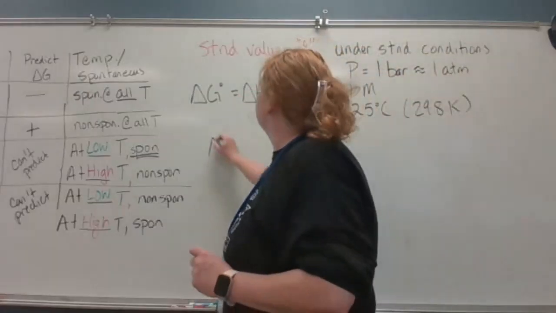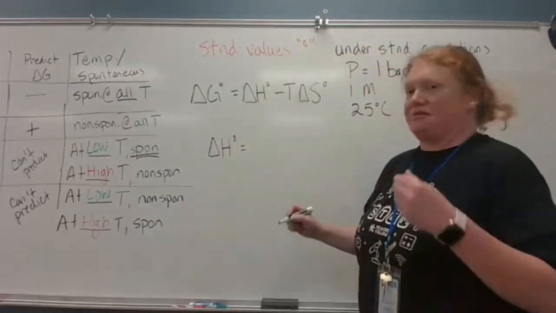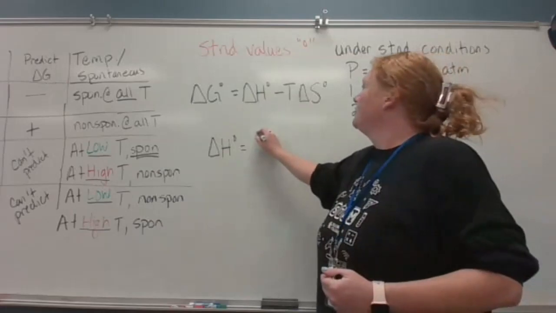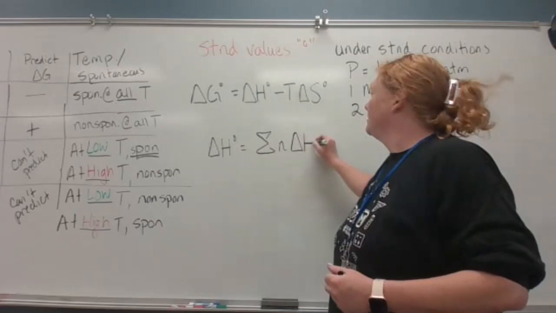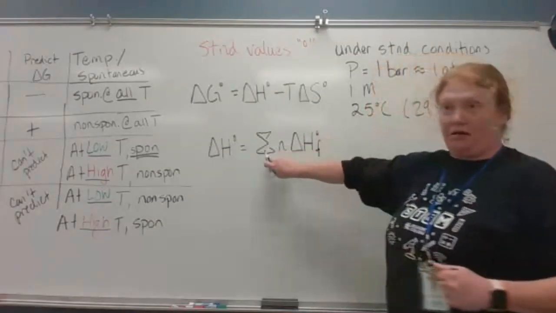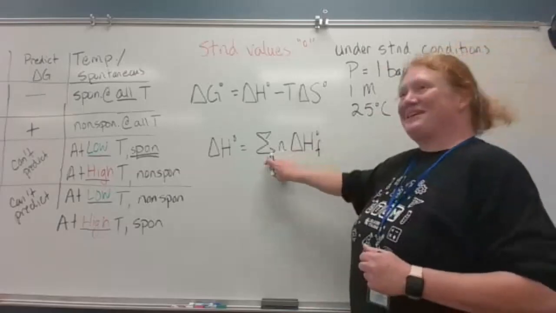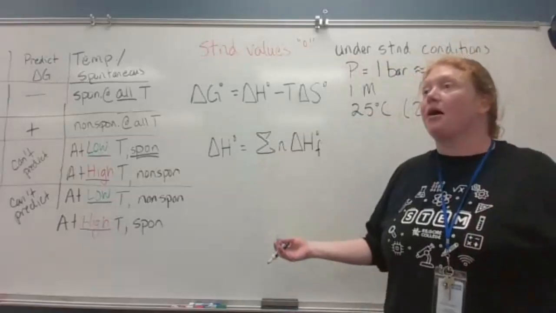For delta H, what are you looking at to calculate standard enthalpy change? You guys remember these formulas? Capital sigma. This is a Greek letter sigma. In math, that means sum.